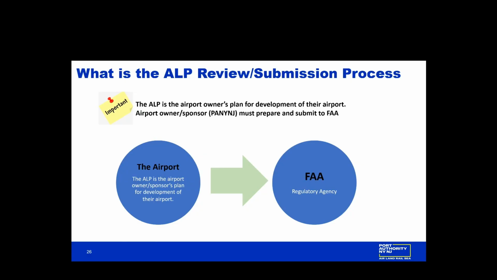The review goes through two levels of FAA review. First, it goes to the local ADO office. Once they do a completeness check, they send it to headquarters for airspace review. Next slide, please.